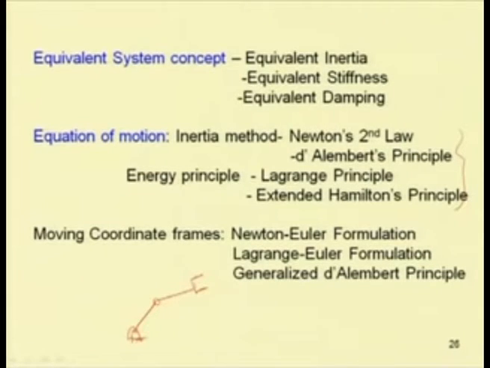One can attach a coordinate frame to the base, at the link point also, and at the end effector point also. So, one can write the equation of motion in terms of all these coordinate frames. In that case, one can use the Newton Euler formulation, Lagrange Euler formulation or generalized D'Alembert principle based on these moving coordinate frames.